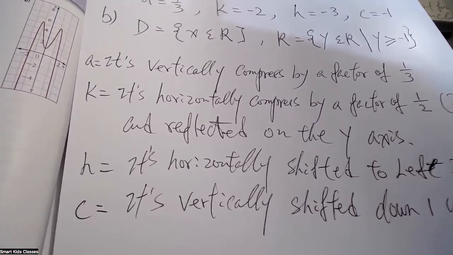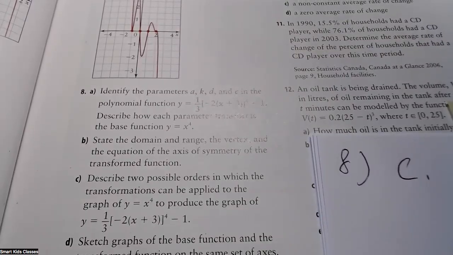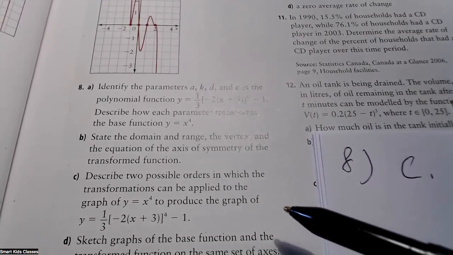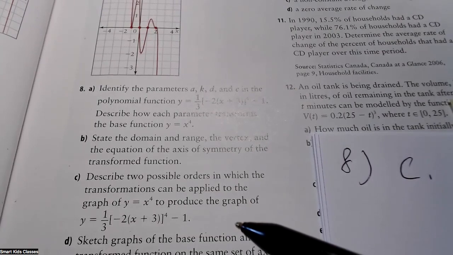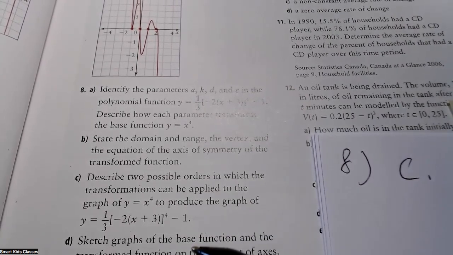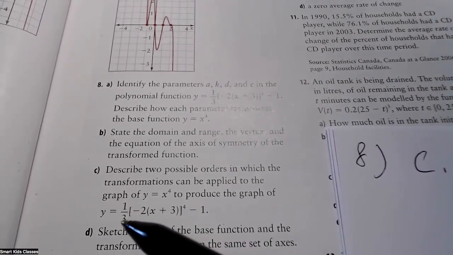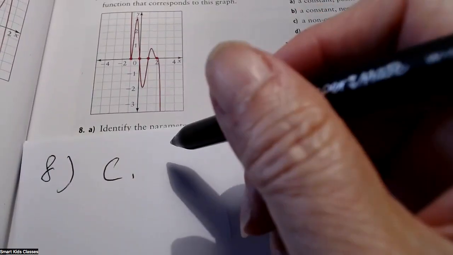Very good. So we are going to do C. Now, question C: describe two possible orders in which the transformations can be applied to the parent function, y equal x exponent 4, to produce this graph. So you're going to write two of them.